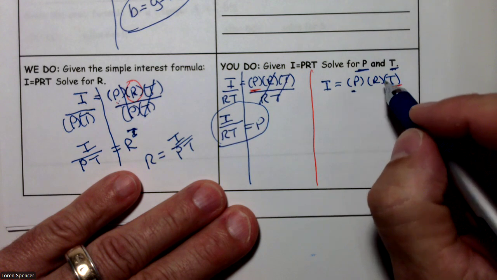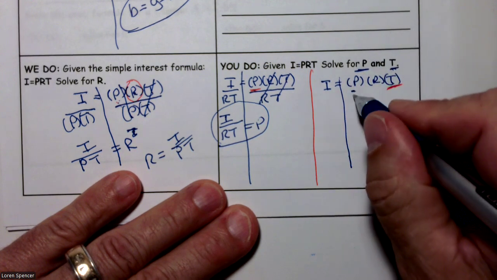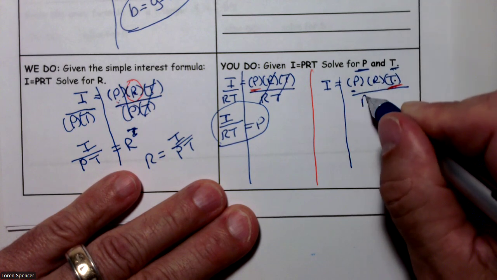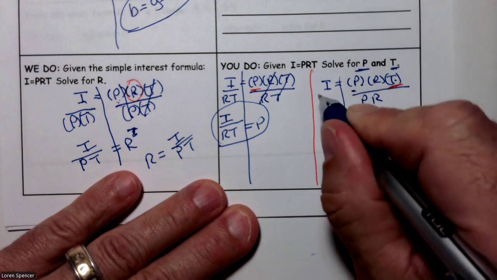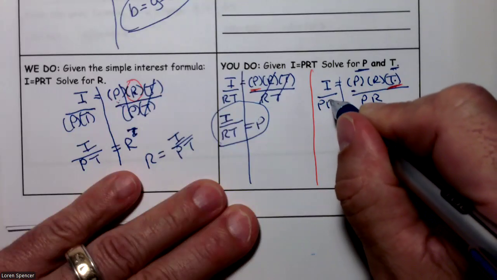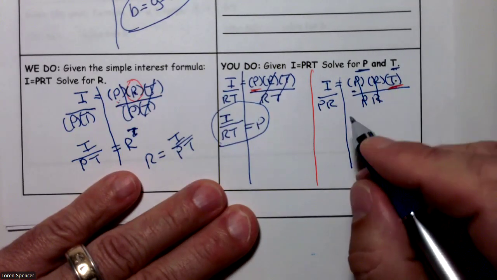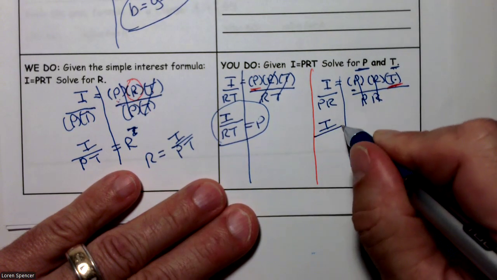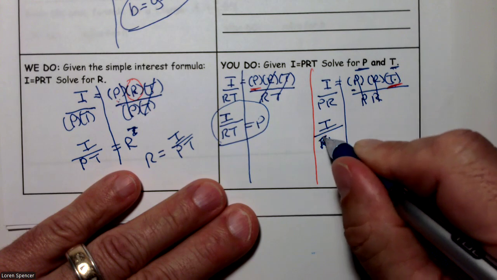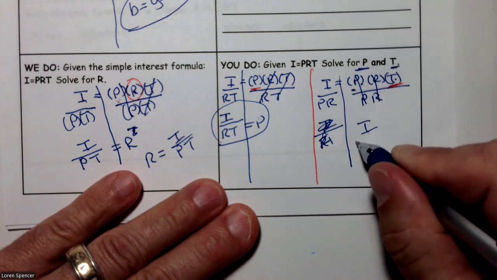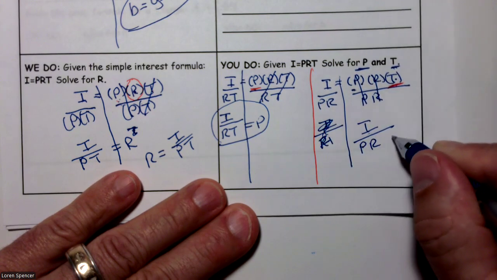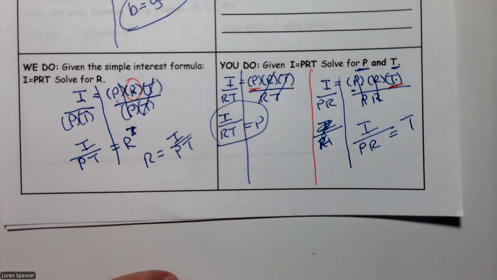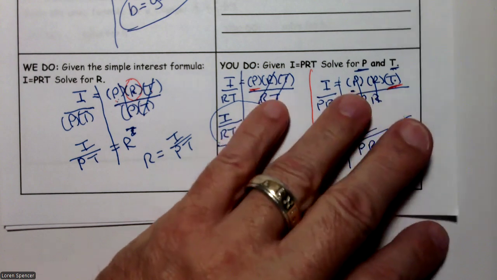Well, I'm multiplying, so I have to undo multiplication, which means I have to use division, and I want the T by itself, so I need to get rid of the P and I need to get rid of the R. Remember, we're continuing to use opposite or inverse operations. So I over PR equals T. All right.